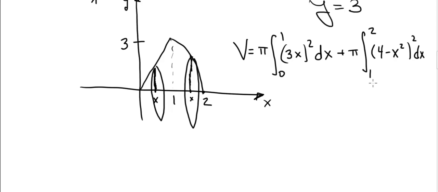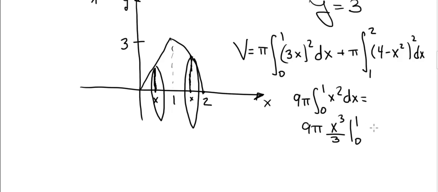We have to evaluate these two integrals in order to obtain the volume of the solid of revolution. So the first integral, we have 9 pi times the integral from 0 to 1 of x squared dx, and this is 9 pi times x cubed over 3 evaluated from 0 to 1. 9 over 3 is 3, so this will equal 3 pi.